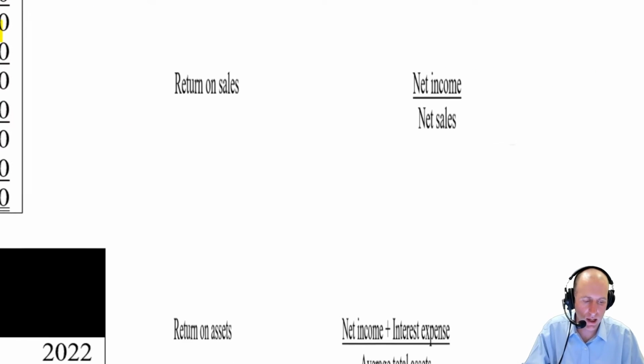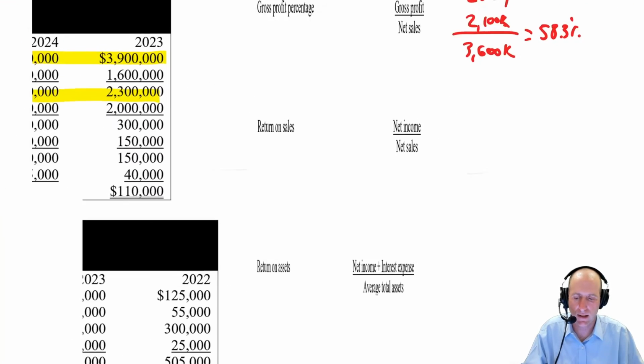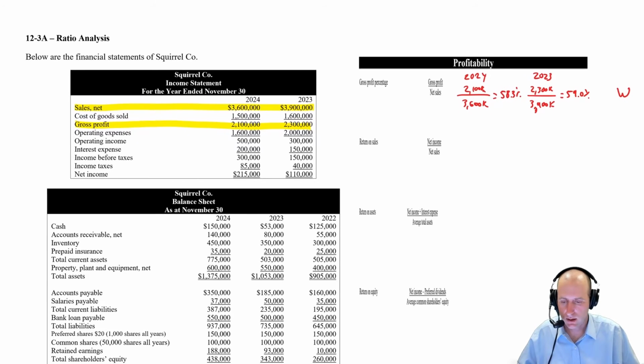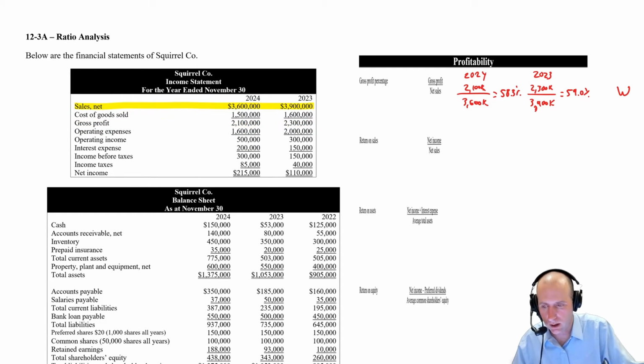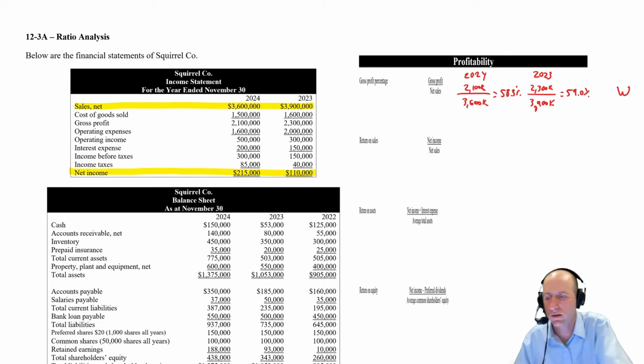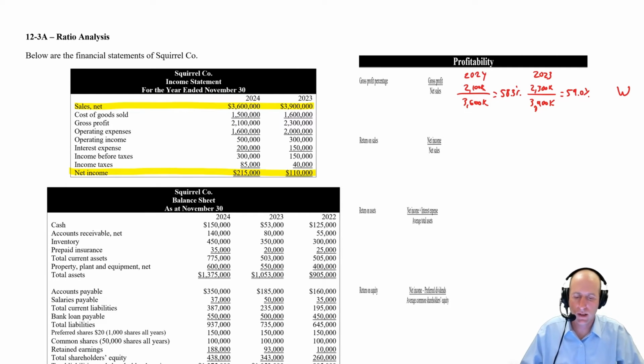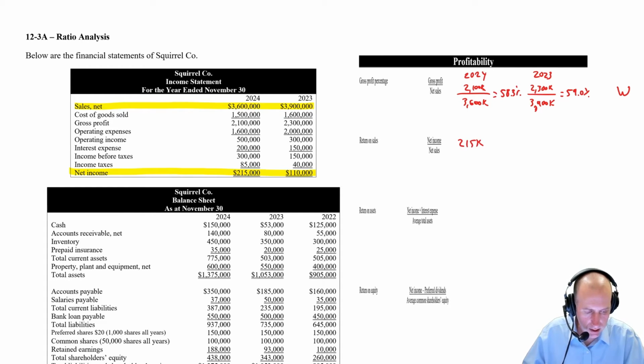Okay, return on sales, net income divided by net sales. Let's see what our company's net income was. We already have net sales highlighted. Net income is the bottom line. This just says for every sales dollar, how well are we converting our sales into profits? This year, 215 divided by 3600.